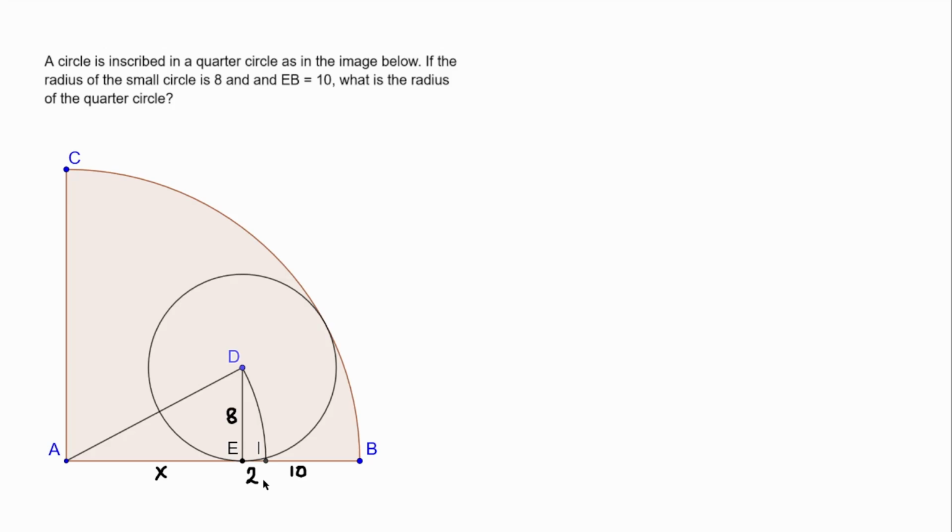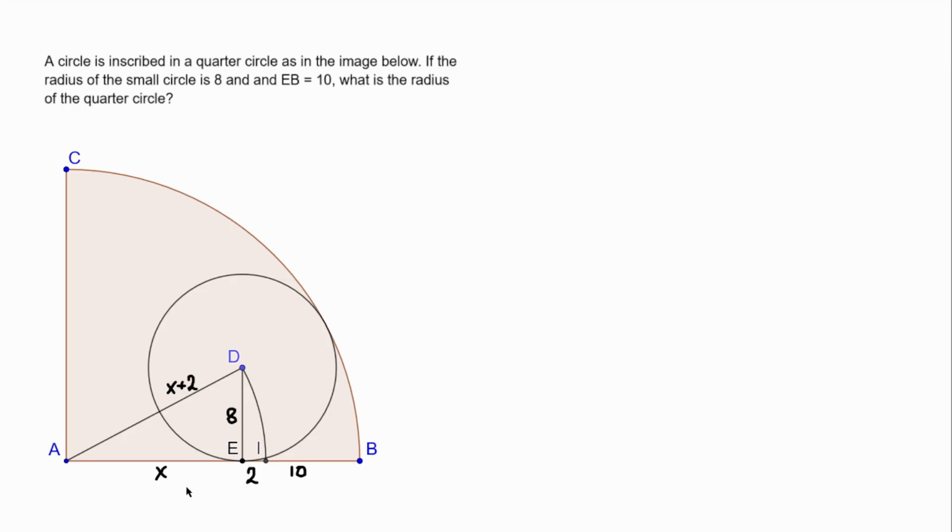Which means, by extension, that the distance from A to D, which is the radius of this circular arc, must be the same as the distance from A to I. So the distance from A to D must be x plus 2. And now we can construct our Pythagorean theorem equation from this using x plus 2, 8, and x.